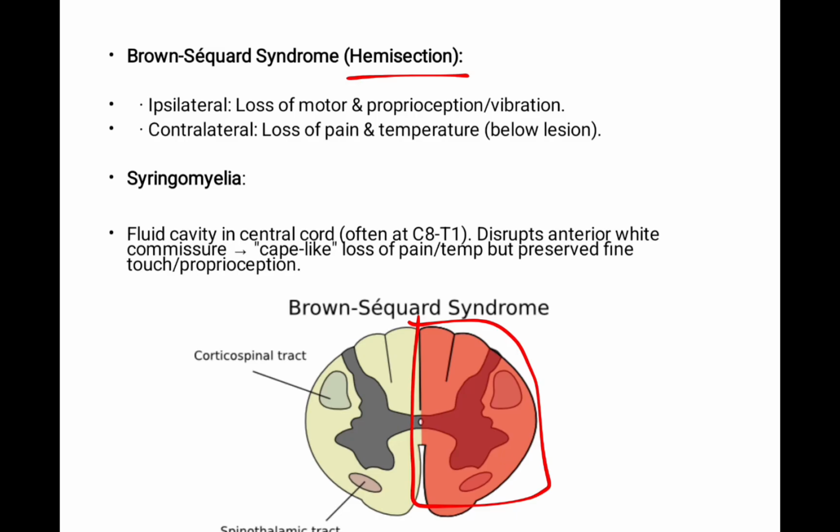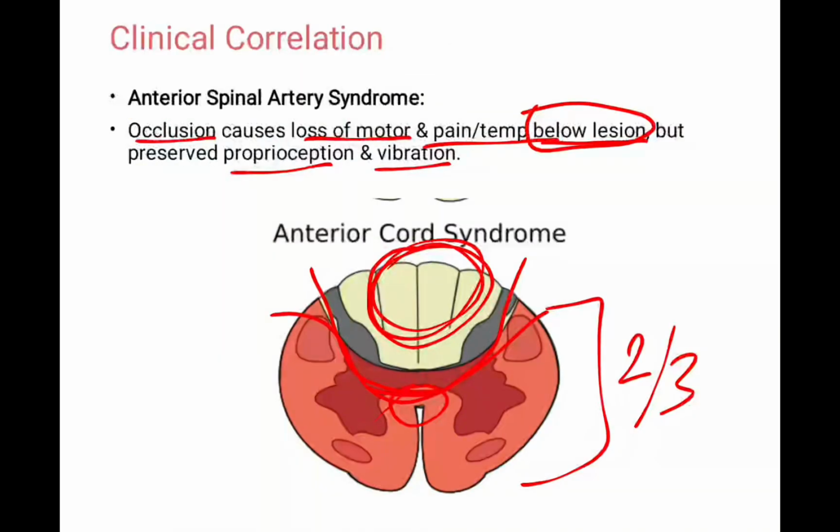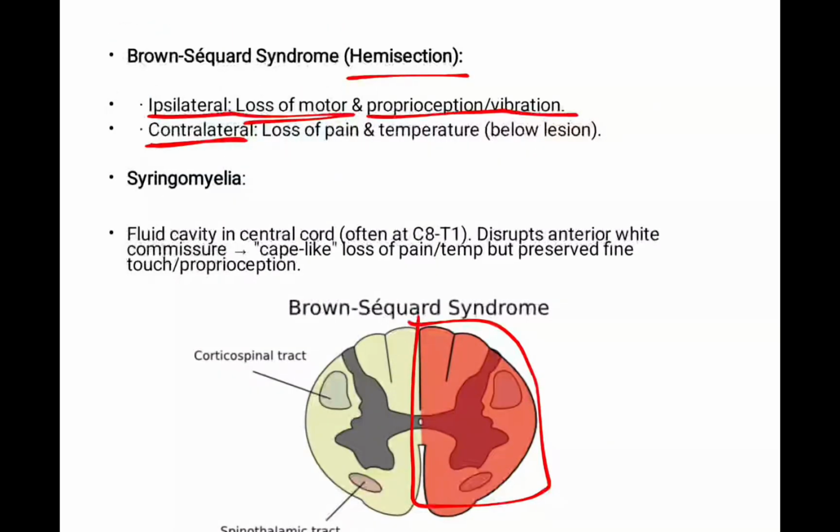For the sensory function, the loss of sensation is going to be ipsilateral, specifically for loss of proprioception and vibration. Also the motor function loss is going to be ipsilateral, on the same side of the lesion, but for pain and temperature sensation it is going to be contralateral, because remember, the spinothalamic tract crosses to the other side.